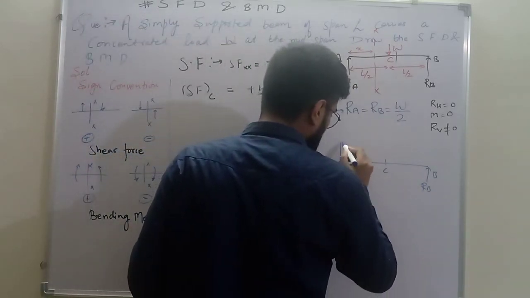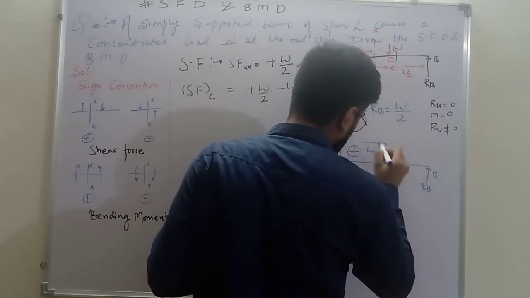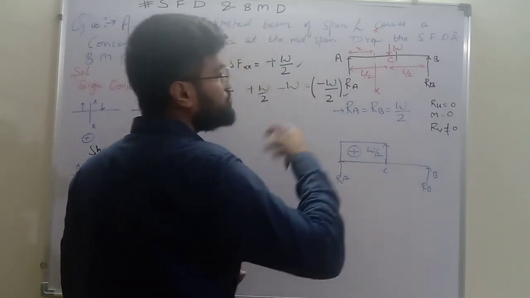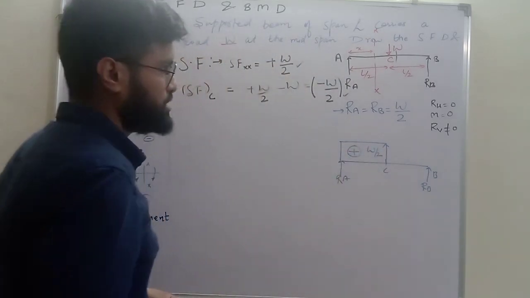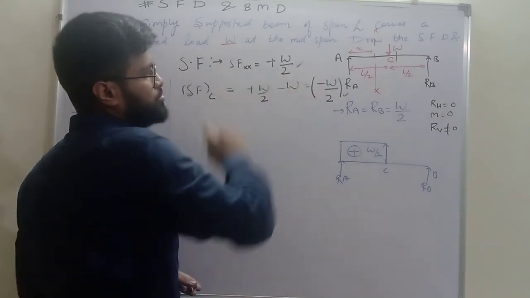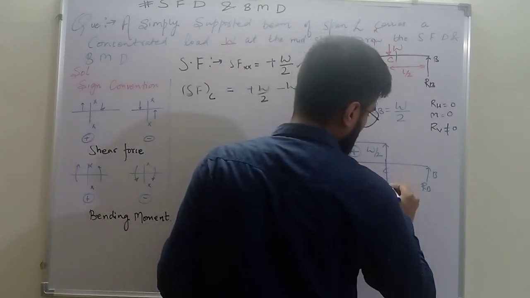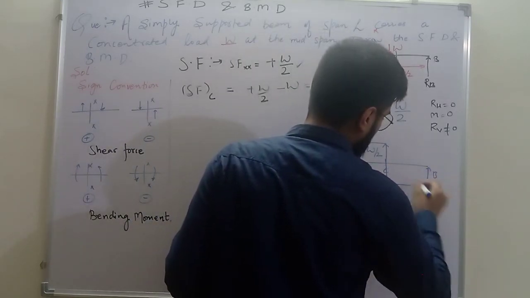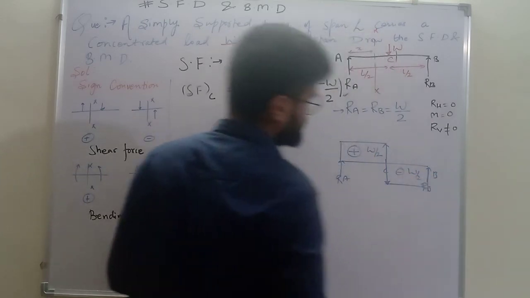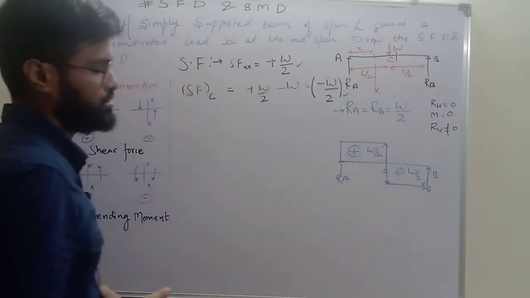So from A up to C, it will be positive and equal to plus W by 2. But as we reach point C, it changes from plus W by 2 to minus W by 2. So suddenly there is a change, from plus W by 2 to minus W by 2. This is the shear force diagram for this point load at the center.